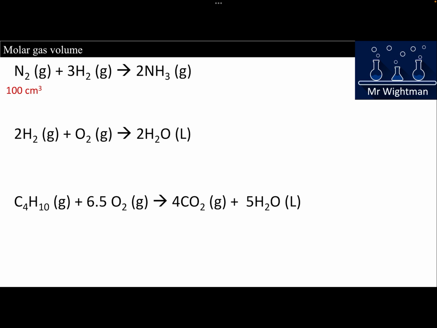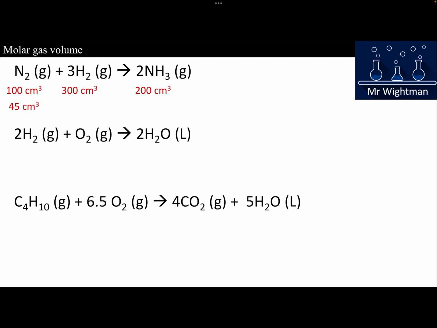If I had 100 centimetres cubed of nitrogen, it would react in a 1:3 ratio to produce 2 lots of ammonia. So 100 nitrogen would need to react with 300 centimetres cubed of hydrogen, and that would produce 200 centimetres cubed of ammonia.